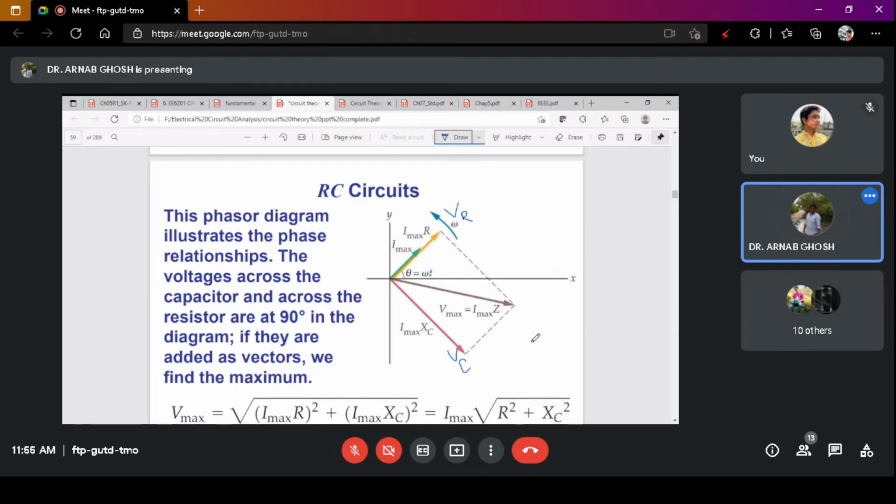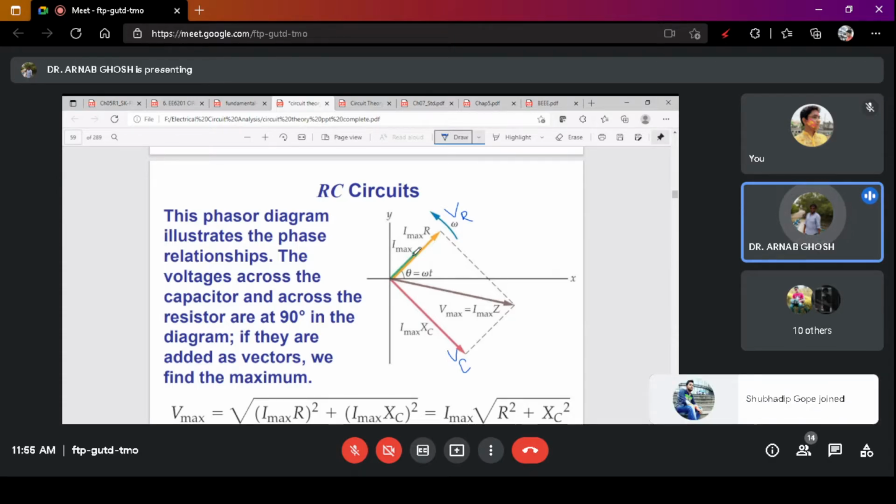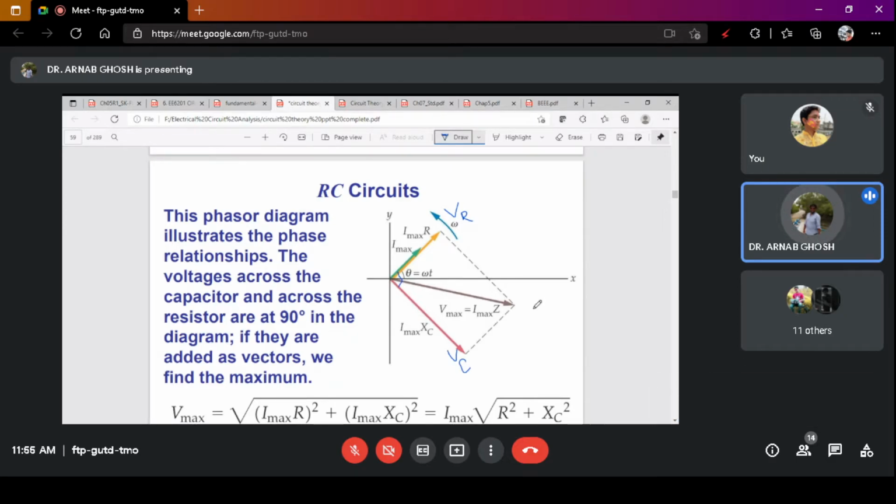Now what did I say? The Imax phasor, in green, was leading the VC phasor by an angle of 90 degree. So Imax was leading the VC by 90 degree for the capacitance, and for the resistance it was in phase. So your Imax and VR are in phase.